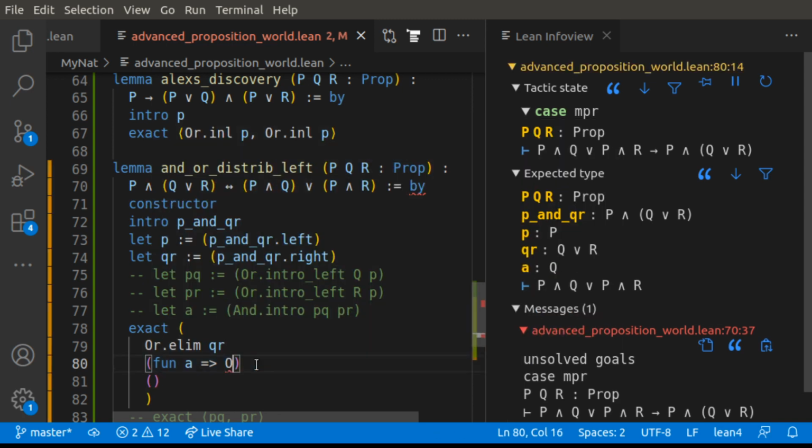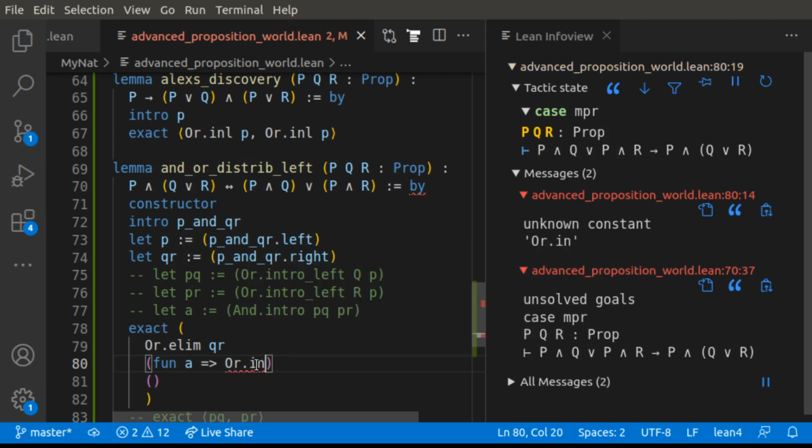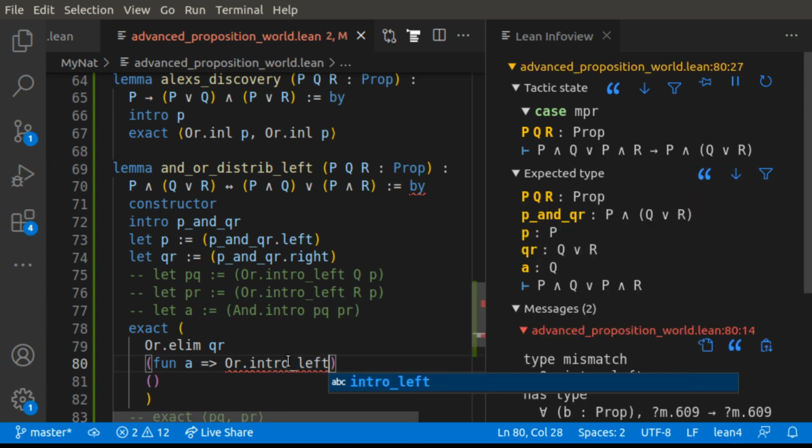So we want to do or dot intro left, I think, intro left.